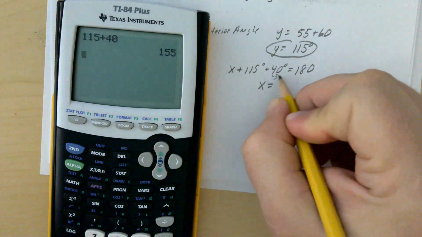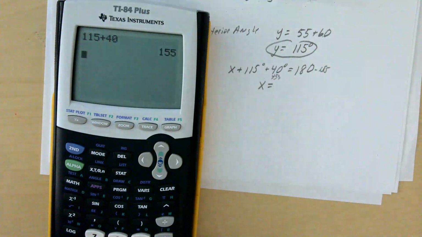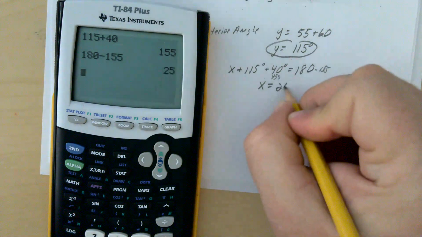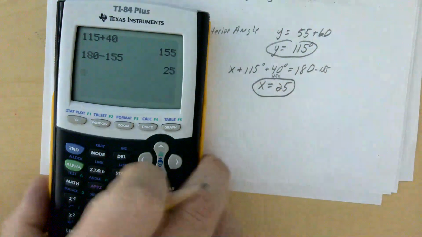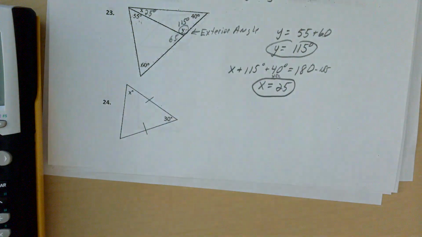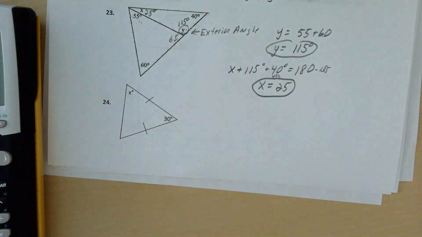And when I subtract 155 on both sides, 180 minus 155, I get a nice 25. So that forces x to be 25 degrees.